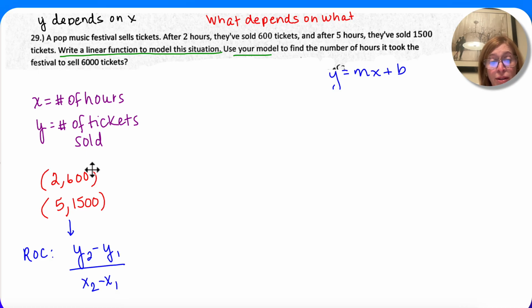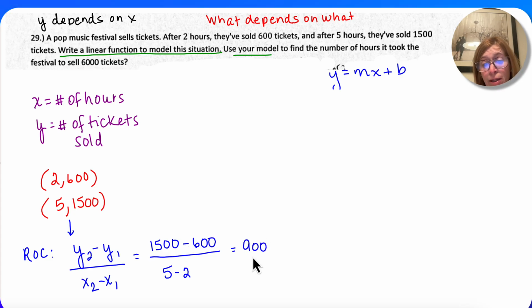Here we've got x1, y1, x2, y2, so I'm going to plug those right in: 1,500 minus 600 all over 5 minus 2. 1,500 minus 600 is 900. 900 over 3 gives me 300.